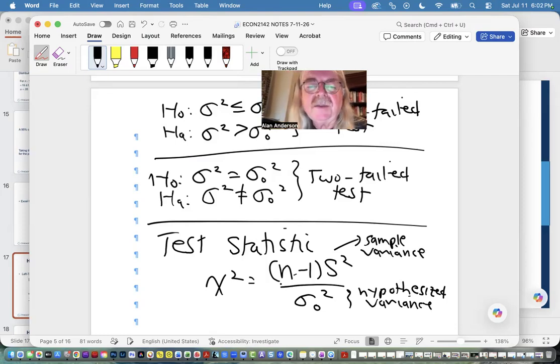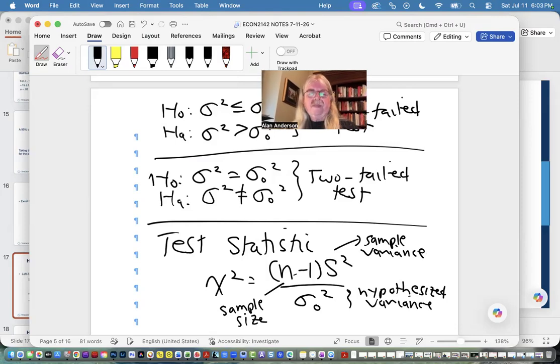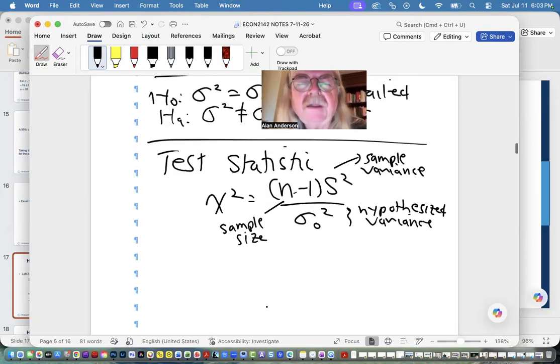And of course, n is the sample size. Now, here, we're kind of restricted to using the critical value test statistic approach because the calculator doesn't actually have the functionality we need to do the p-values. It's kind of disappointing, but there it is.